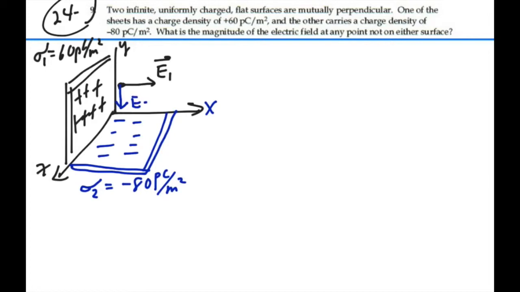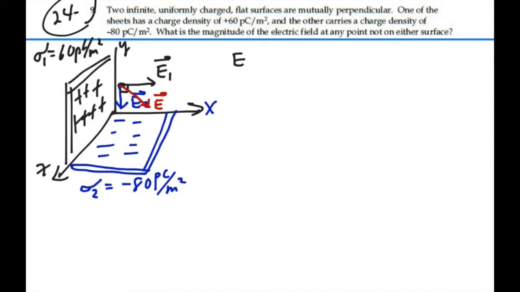Let's call it E2. So these two fields will end up perpendicular to each other like that. If we can find the magnitude of these two fields, then we can add them together vectorially using the Pythagorean theorem and get the magnitude of the resultant field, which will be some kind of vector that looks like this.